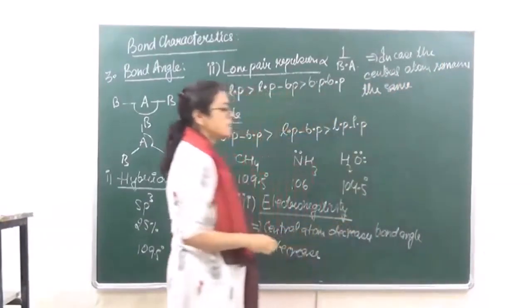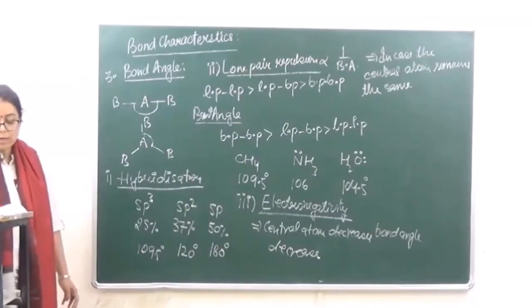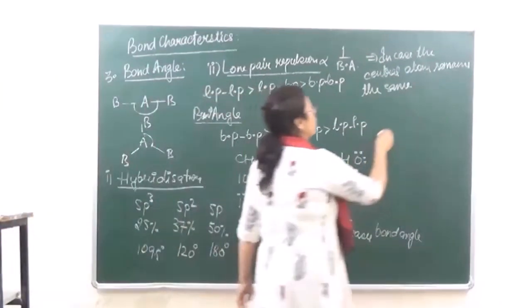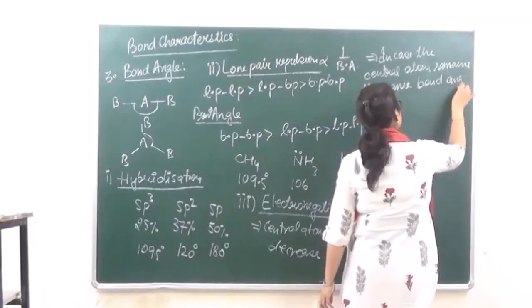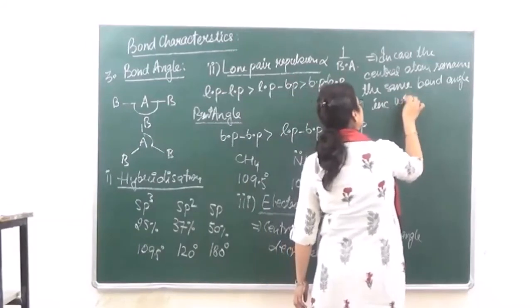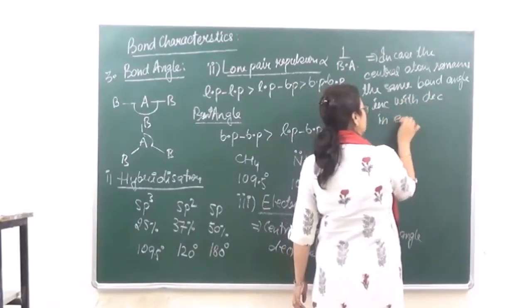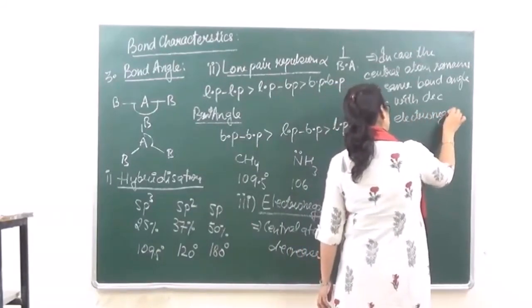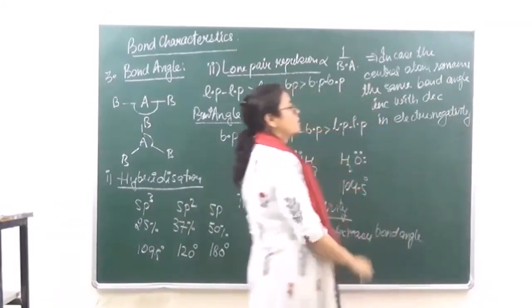in case the central atom remains the same, the bond angle increases with decrease in electronegativity.